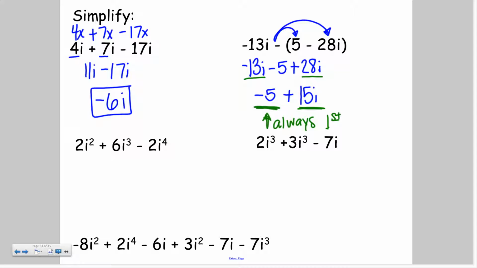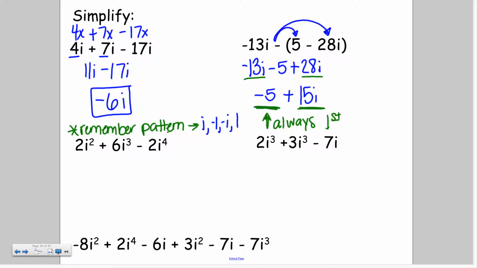So now, if we look at the next one, there's nothing to combine, but we need to remember our pattern. Remember the pattern, which is i, negative 1, negative i, and 1.